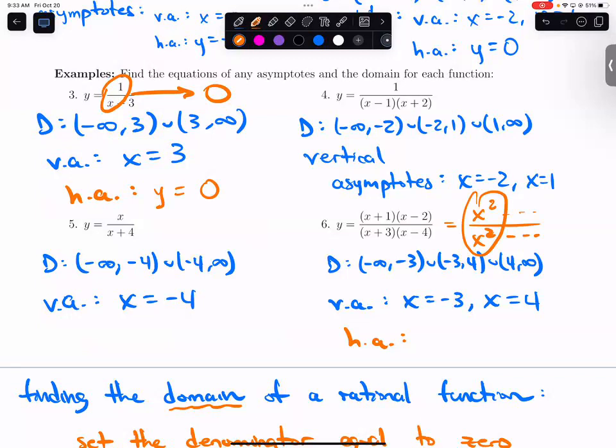Because you can reduce further. So 1 total. So the horizontal asymptote would be y equals 1. Those are kind of balanced. They're the same size. That's going to level off somewhere here, 1 over 1. And if there had been a leading coefficient here or something, then it'd be that ratio.